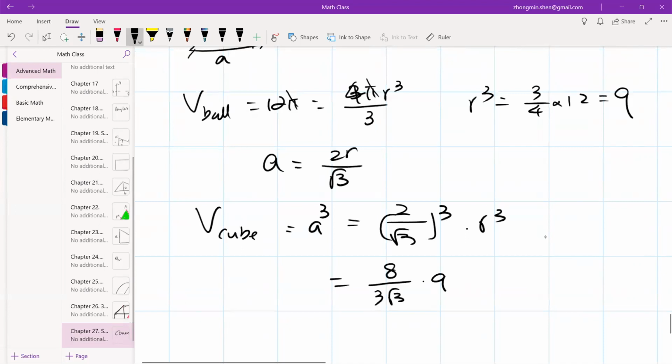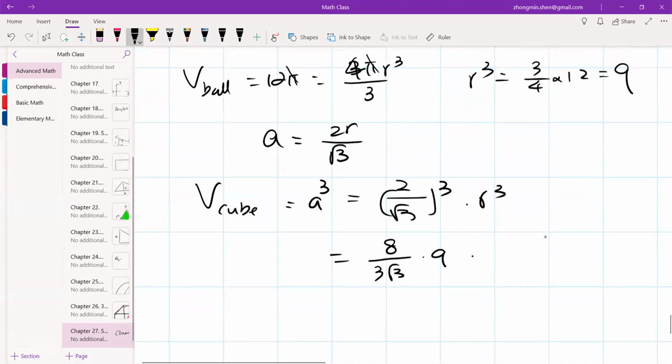But you can simplify it. You can put the square root of 3 here, square root of 3 here, then the denominator is going to be 9. Then 9 cancels out. 8 times square root of 3 is going to be the answer, in cubic feet.